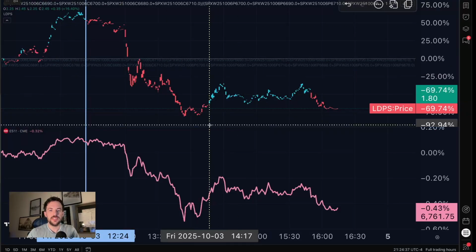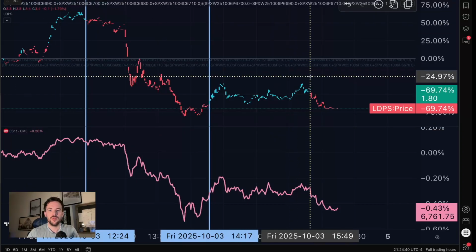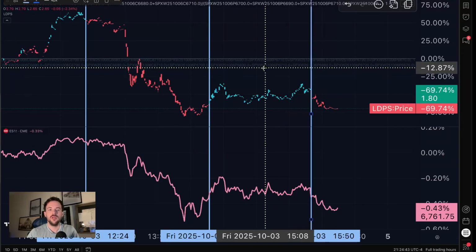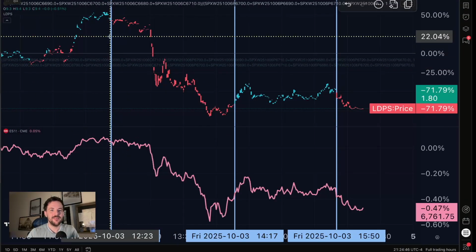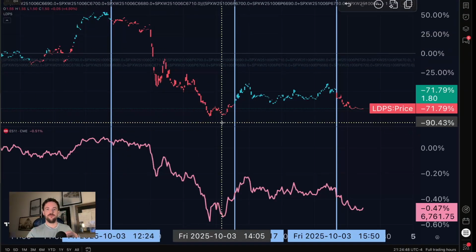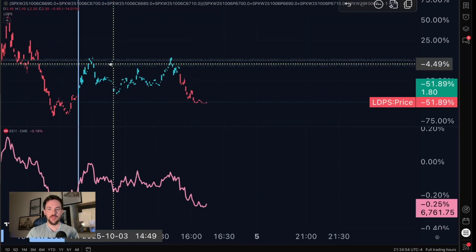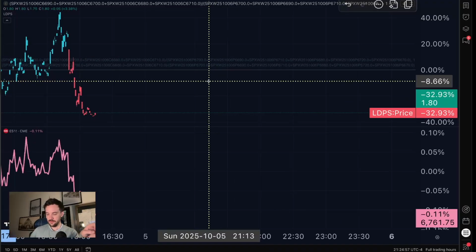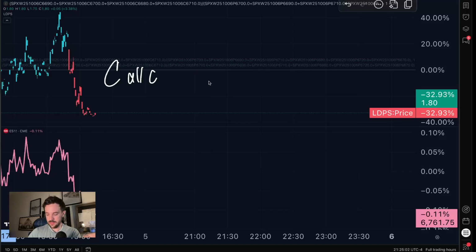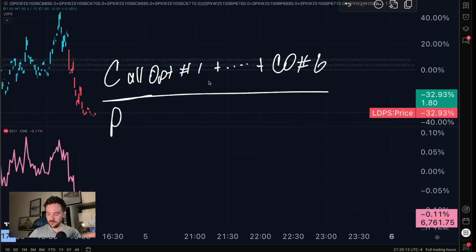So remember, these are 0 DTEs. And I have ES on the bottom here. We can see, so red means, so in this case we have a nightmare. That's what we have. So in this case we have call option number 1 plus call option number, I think there's like 6, over put 1 plus put 6.